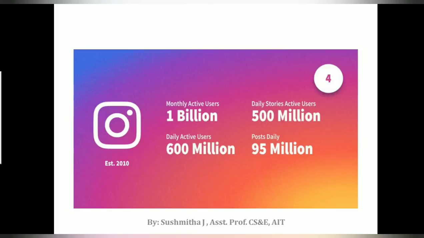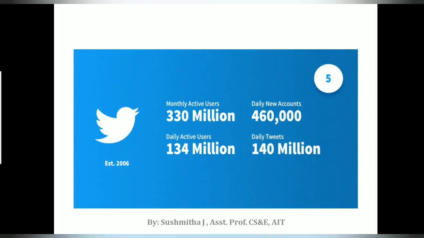Fourth is Instagram, with 1 billion monthly active users, 600 million daily users and 95 million posts every day. And fifth is Twitter, with 330 million monthly users, 134 million daily, and 140 million tweets daily.